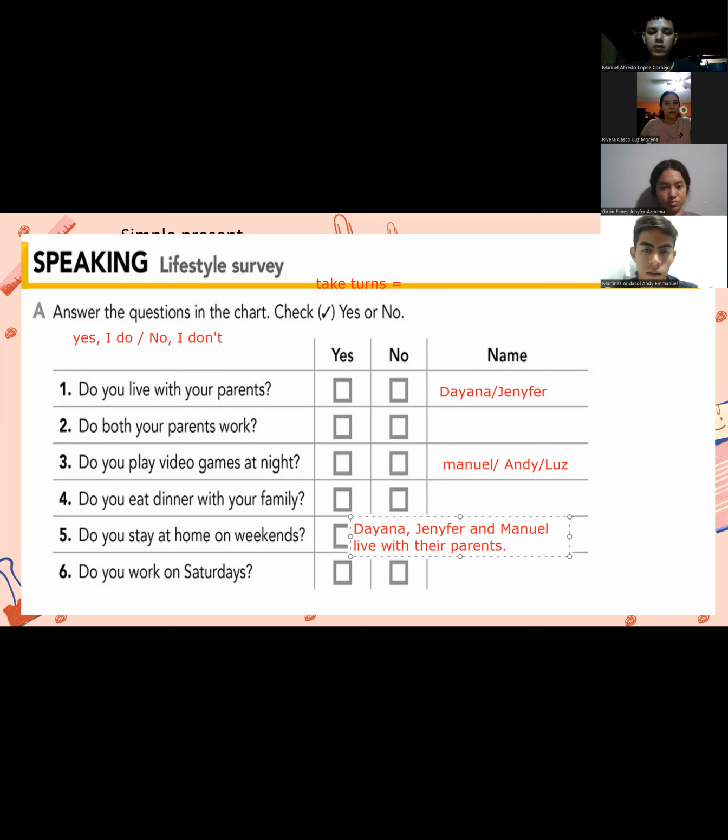Okay, aquí van a poner las reglas, la formative. Si aquí solo Manuel dijo que sí en el número 3, van a decir, Manuel plays video games at night. ¿Ok? Y así van a ir diciendo.